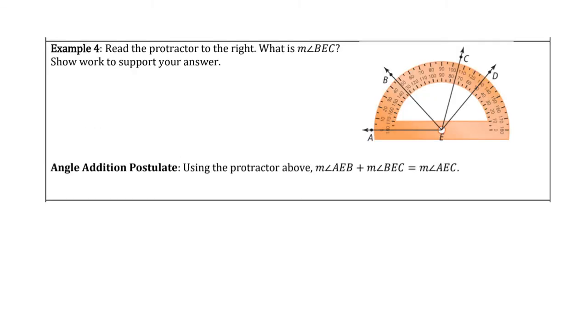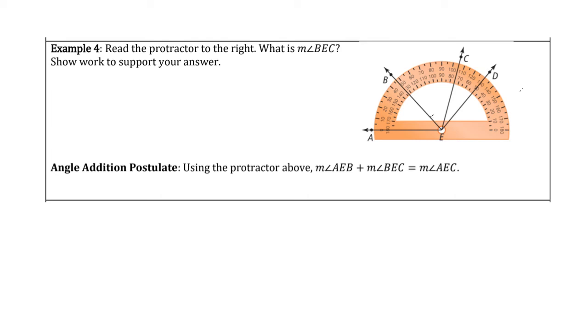So this example says read the protractor to the right. So we're looking at this protractor over here. What is angle BEC? Show your work to support this answer. In order to solve this, we're going to need to figure out certain other angles to figure out our BEC.